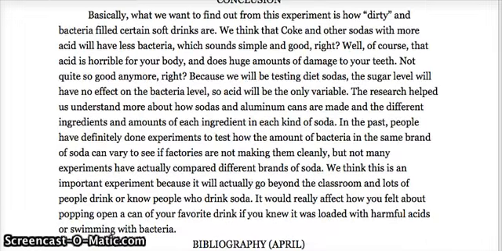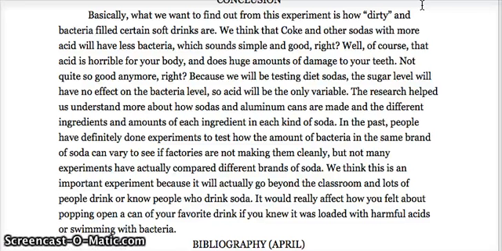This is our conclusion. What we want to find out is how much bacteria there is in soft drinks, and we think that sodas like Coke with higher amounts of phosphoric acid will have less bacteria, which sounds good, but phosphoric acid is actually really bad for you.